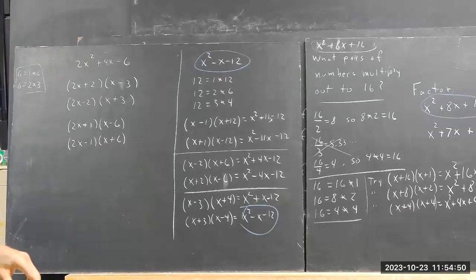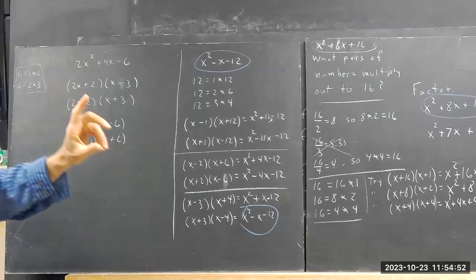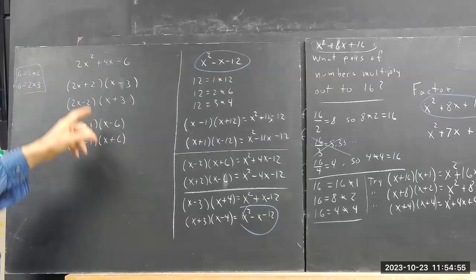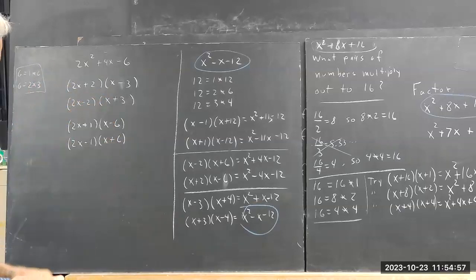Okay, well, let's go ahead and multiply these out. I said we weren't going to stop and do this, but it's important to do. Let's just do the first couple of these. Let's multiply them out and see what we get.